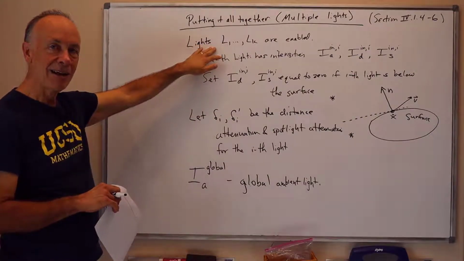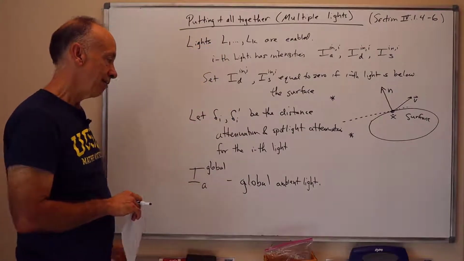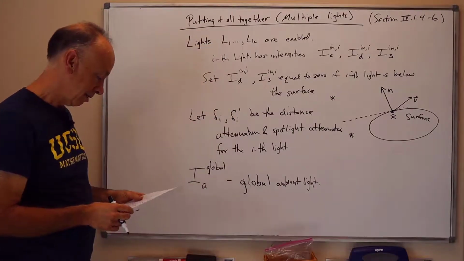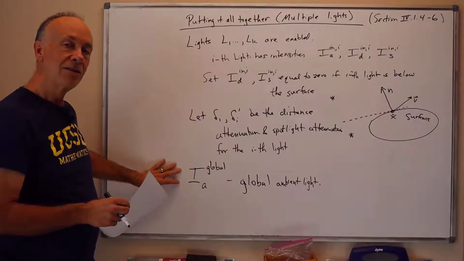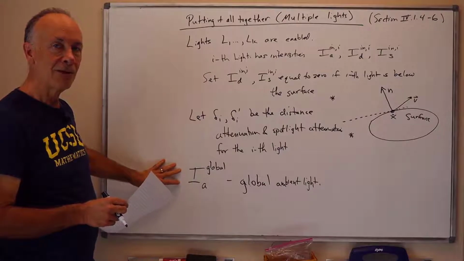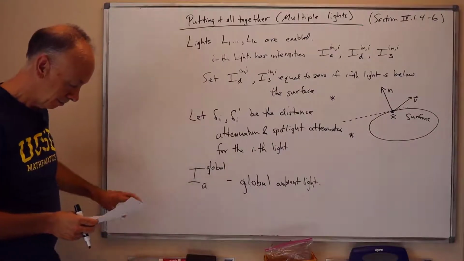Since we generally allow lights to be separately enabled and disabled, it's nice to have an ambient light that is always present. And we're now going to use these values to give the master Phong lighting equation that gives the results of illumination from all these lights.